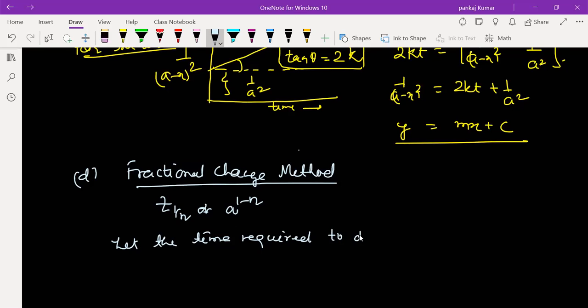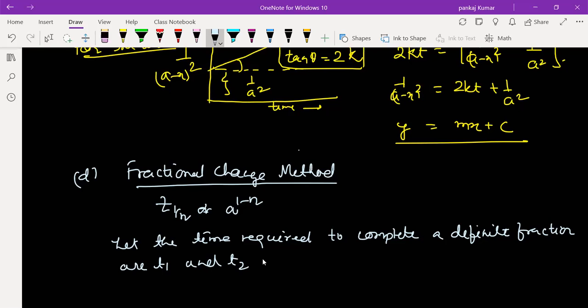Let the time required to complete a definite fraction, the time required to complete a definite fraction, be T1 and T2 when initial concentrations are A1 and A2 respectively.